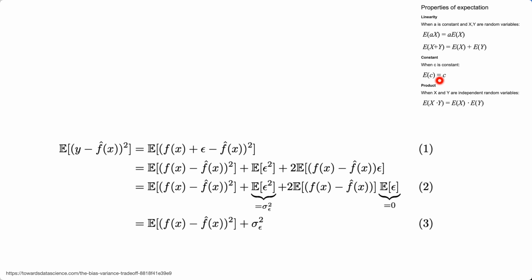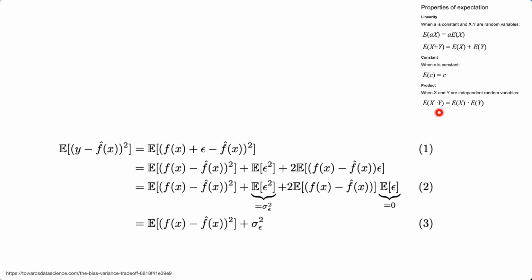Like, for instance, the expected value of a constant is just the constant. The expected value of a constant times a random variable x, you can just pull that constant outside the multiplication and multiply it by the expected value of x. Expected values of sums of random variables are just expected value of x plus expected value of y.